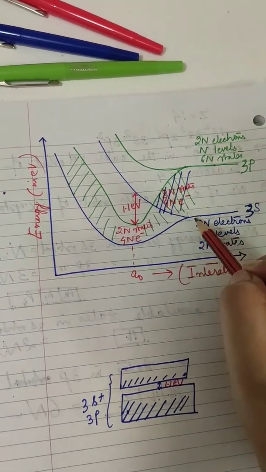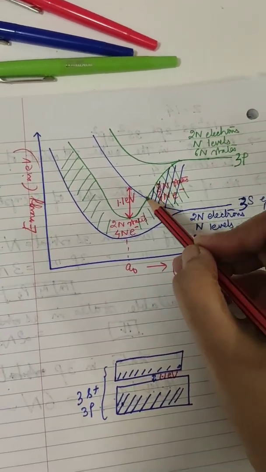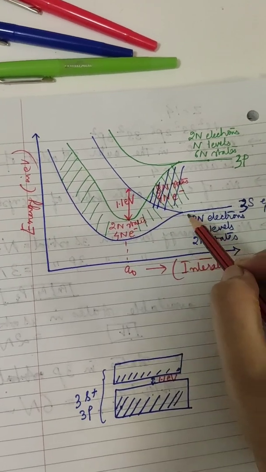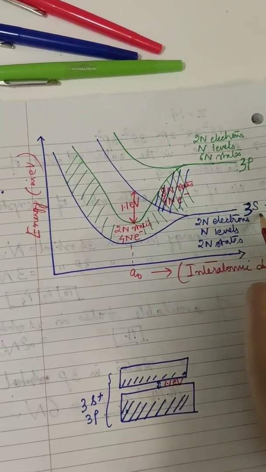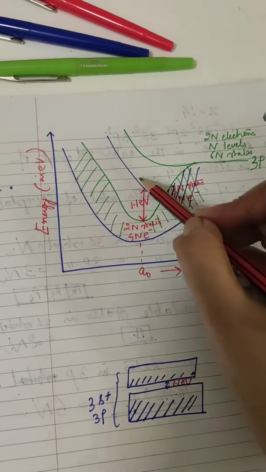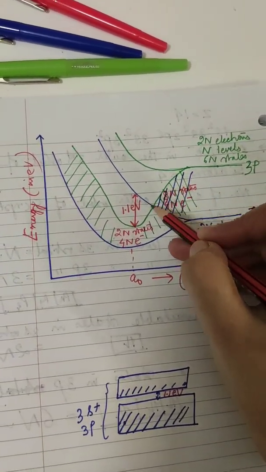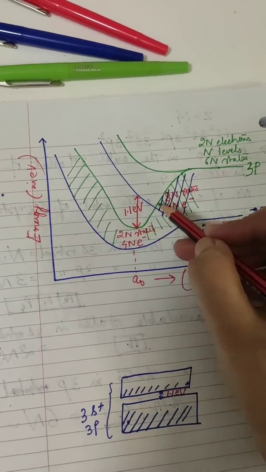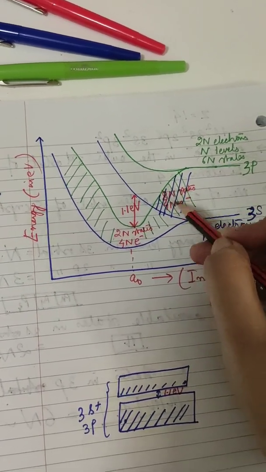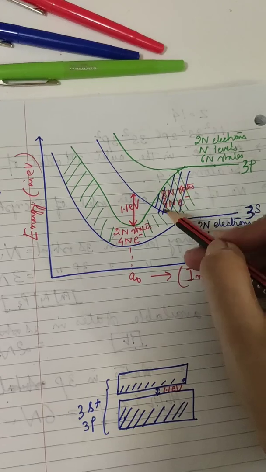Now when the atomic orbitals start mixing, some of the electrons in the 3s orbital gain energy and move up. Some of the electrons in the 3p orbital lose energy and move down. So there is intermixing of the energies of the electrons.